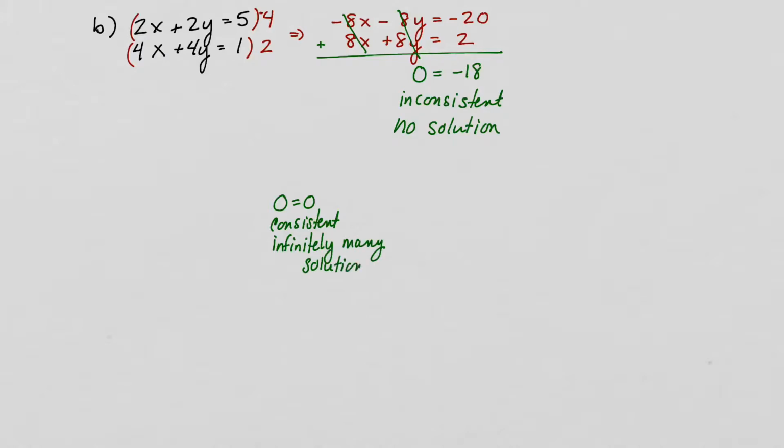And if you ever get down to 0 equals a non-zero number, that means there's no solution. So there are these two funky cases that you just want to be aware of.